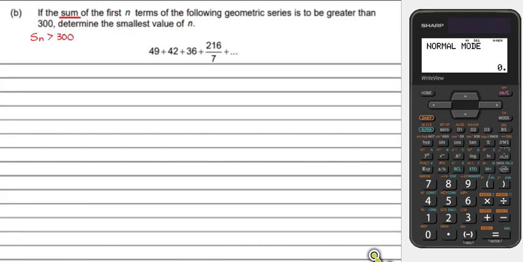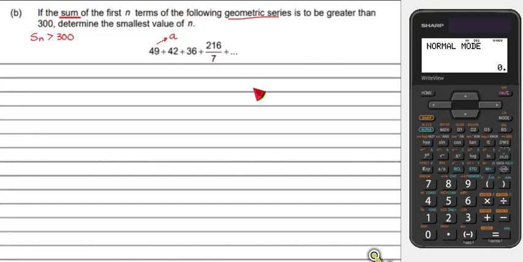Yesterday, the question had financial mathematics. Okay, they said determine the smallest value of n. Okay, they just say determine the value of n. So here's the sum. Since they told me this is geometric, I know this one here is going to be my first term, and then all I need is to work out the ratio.